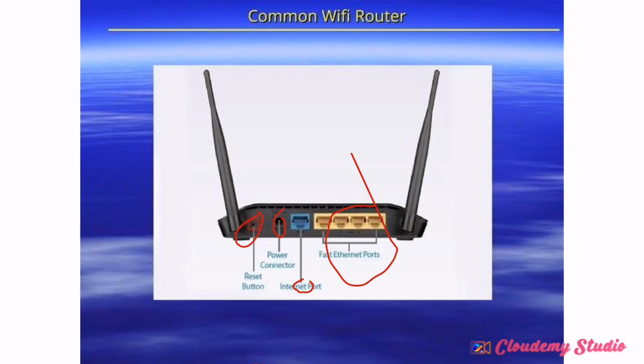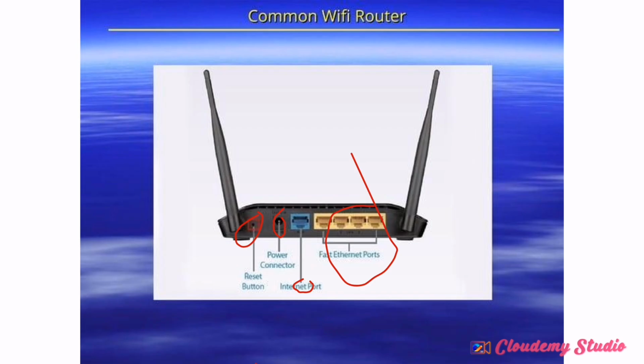For resetting, you can use anything that can fit that very small hole. The LED light is going to blink like 3 or 4 times. The moment you see the LED light, it tells you that you have managed to reset the device.